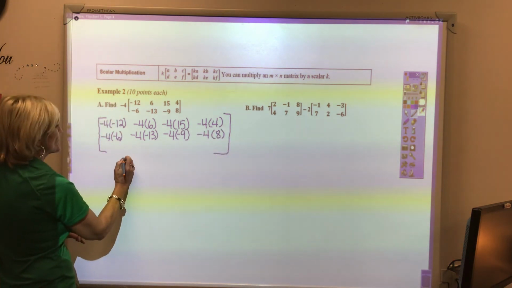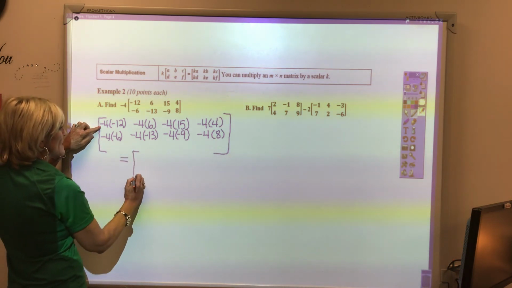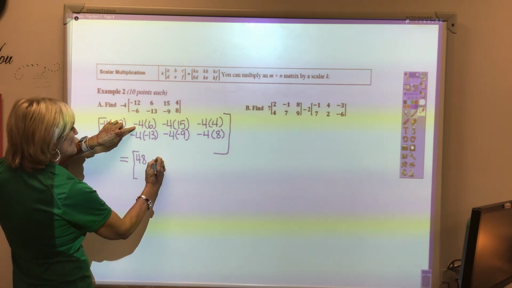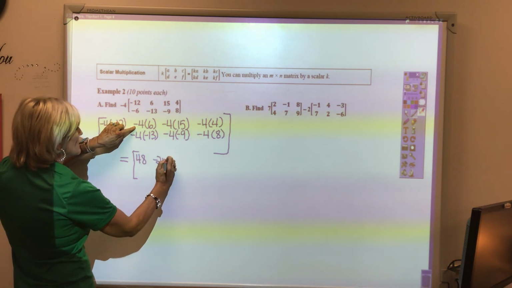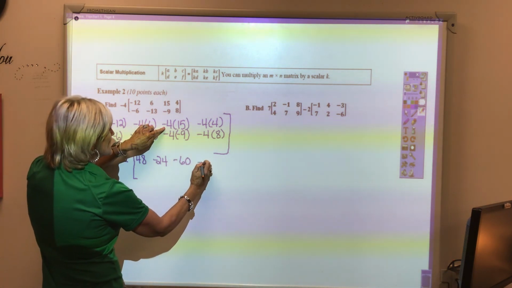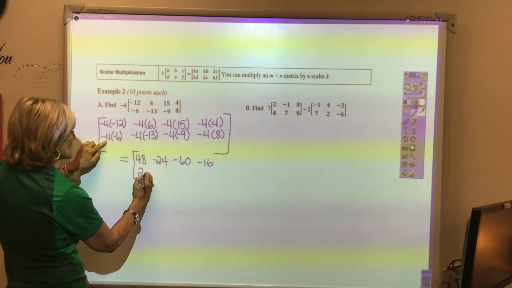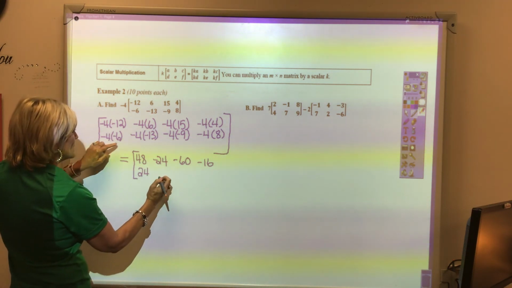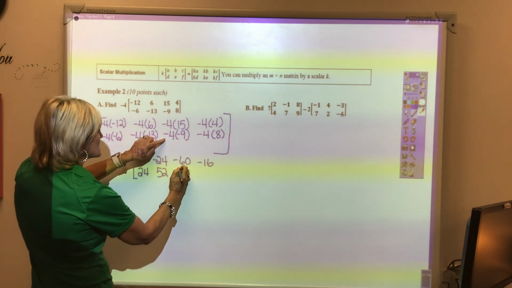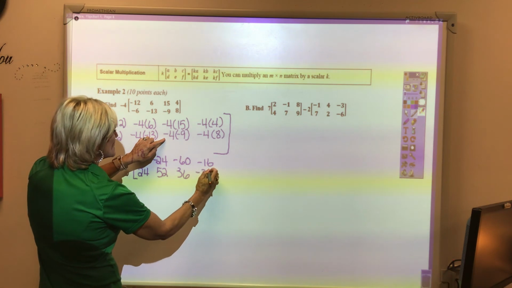So we would just simplify these. First is 48, -24, -60, -16, 24, 52, 36, and -32.